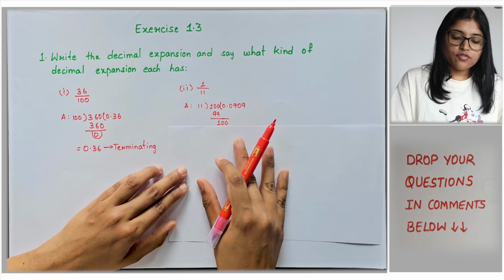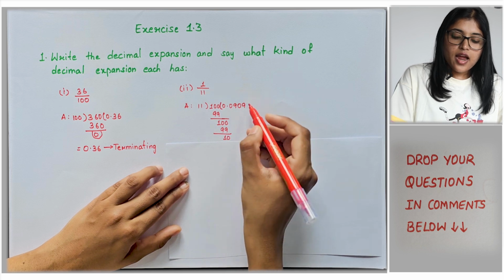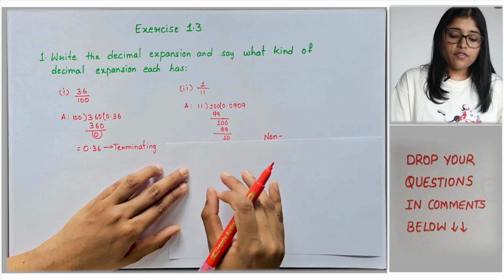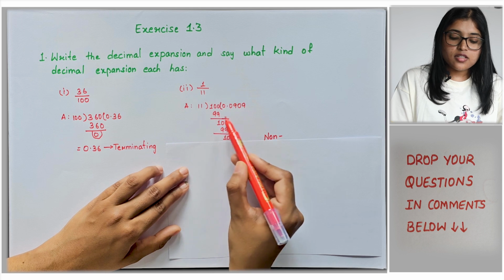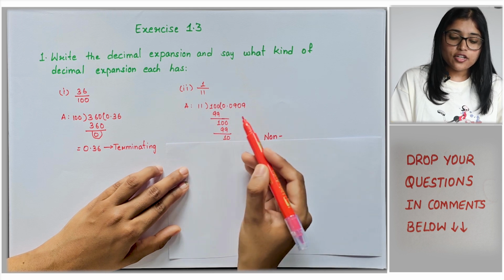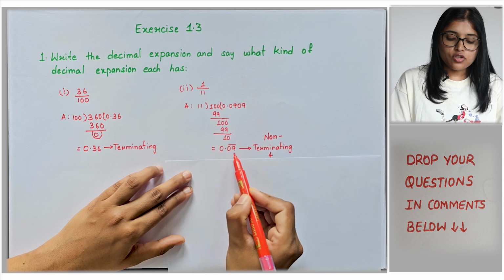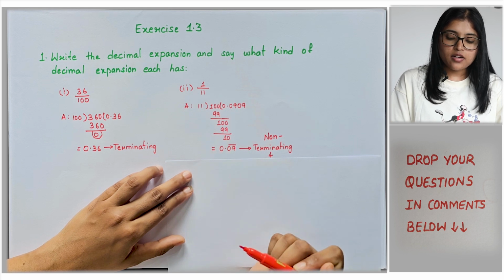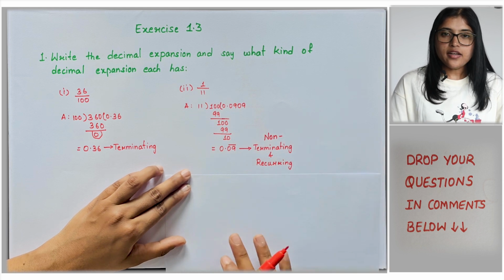So again I have to do 11 nines are 99, and I am left with 10 again, and I would have to go for another 0 if I had to continue the long division. So what we can observe here is that this is a non-terminating decimal and it is also recurring, and the recurring part here is 09. So 0.09 with the bar on 09, and this is a non-terminating and recurring decimal.